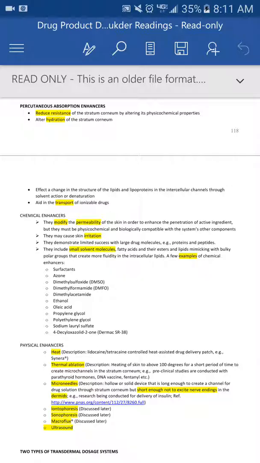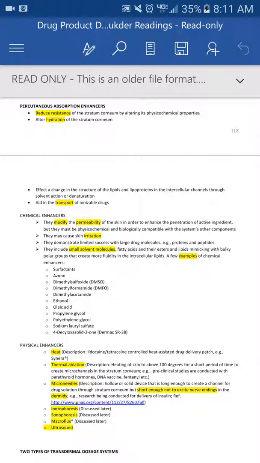Percutaneous absorption enhancers, percutaneous meaning across the skin layers. You can enhance the absorption through the layers by reducing the resistance of the outer layer by altering its physicochemical properties, which would be like chemical enhancers.